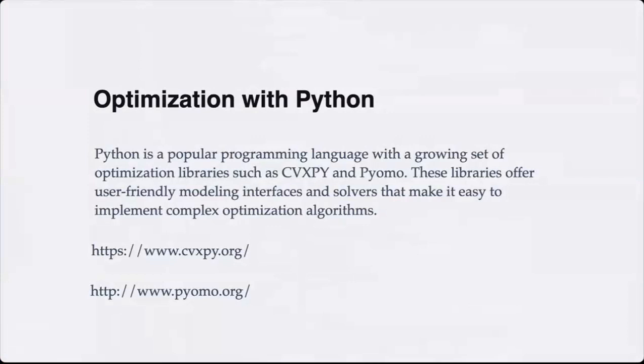Alternatively, if you don't want to use MATLAB and YALMIP, you can rely on Python. Python offers several tools for optimization, but sorry, I will not cover it in this class. You can visit CVXPY for Python, and also PYOMO.